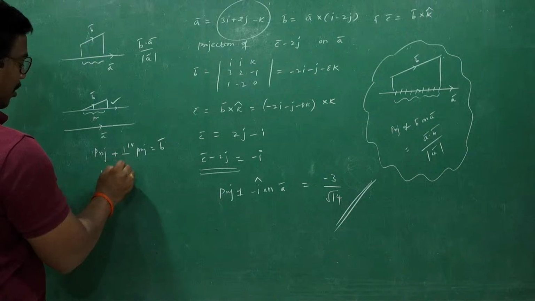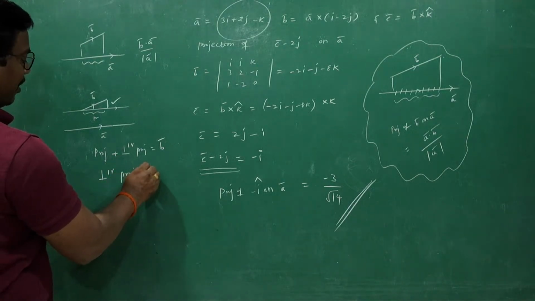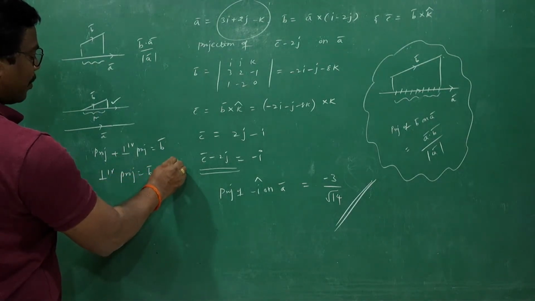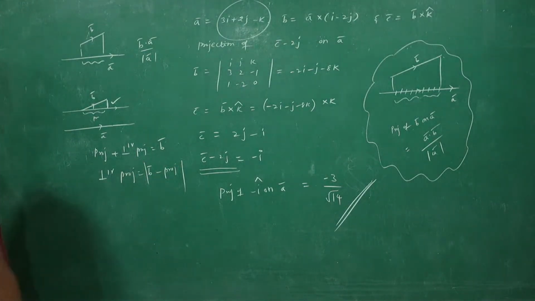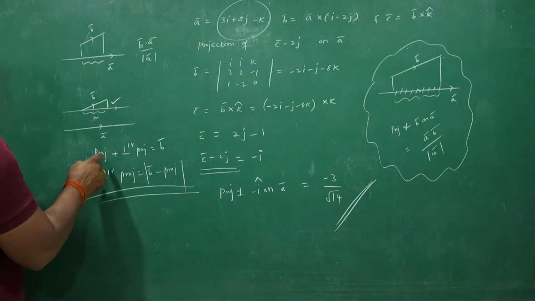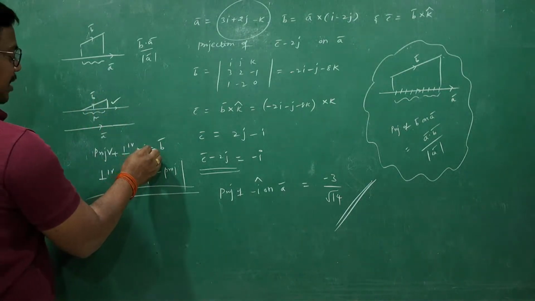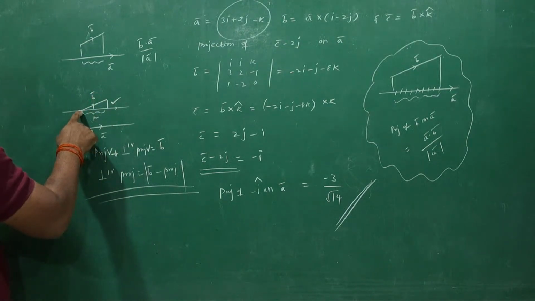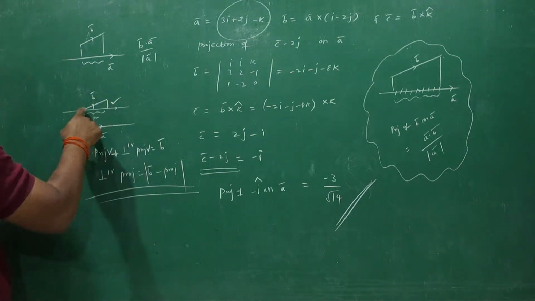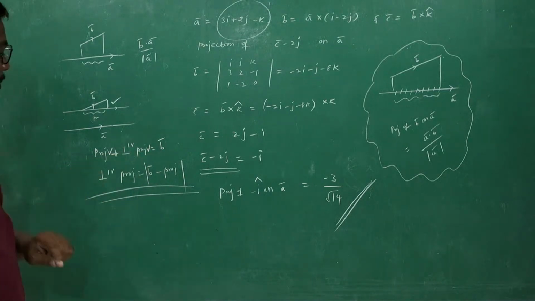So the perpendicular projection formula is B bar minus the projection vector. The projection vector and the perpendicular projection vector combined give the resultant B bar.